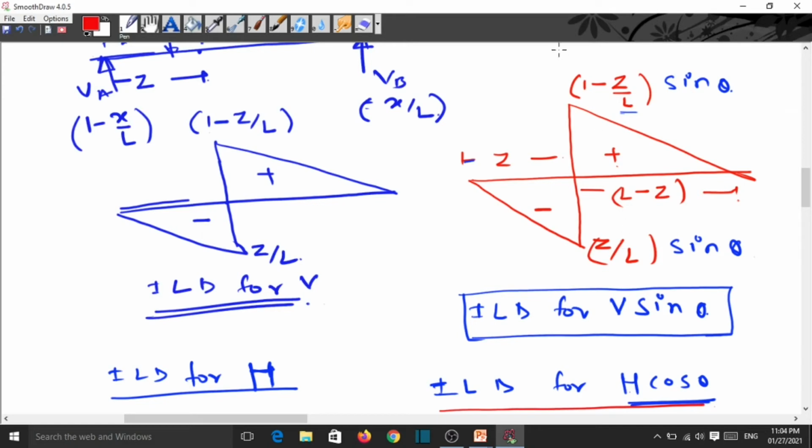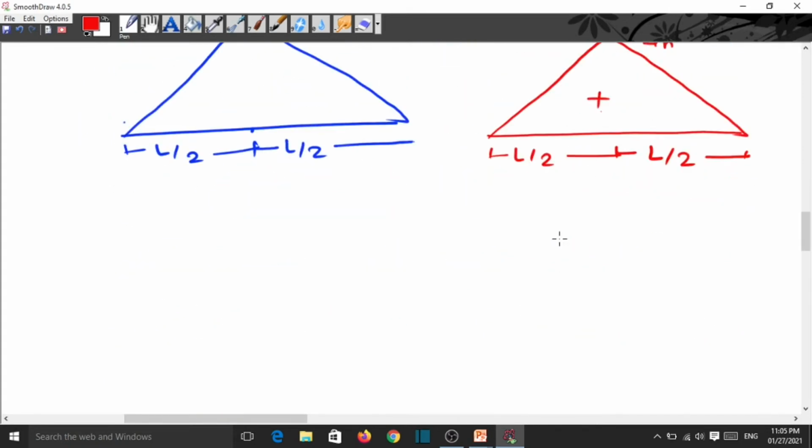So we cannot add them over. So invert this diagram. Invert this ILD, the ILD of v sin theta. First we invert that diagram.